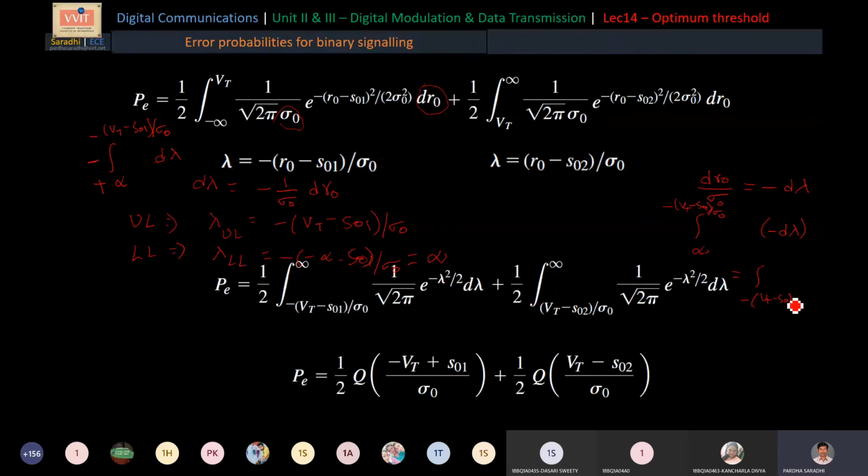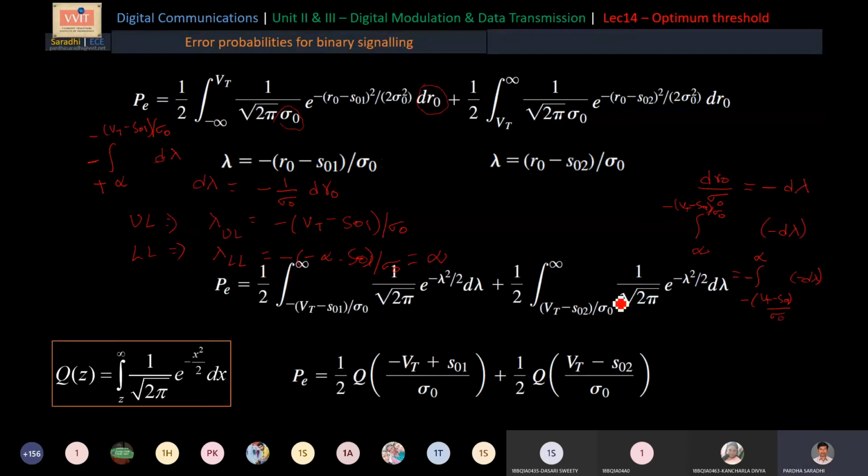When you interchange the limits of integration, the integration sign changes, giving one minus, and here we already have another minus. These two get cancelled, so this is what we have, and this expression is replaced by lambda square. So in total we have this, and the second integration is this.